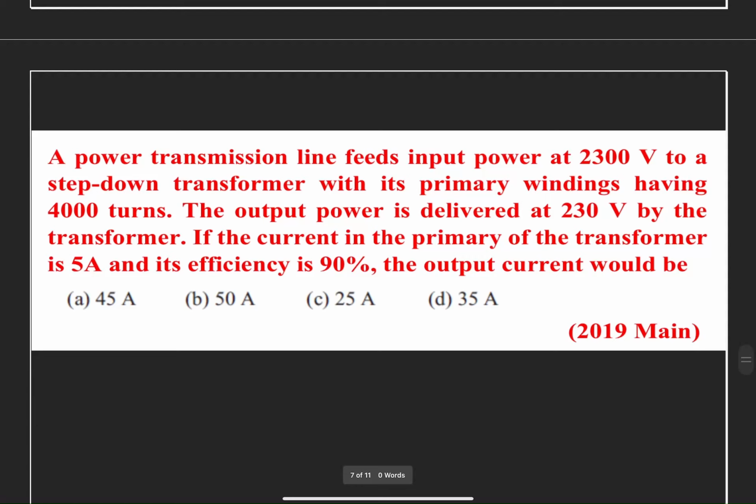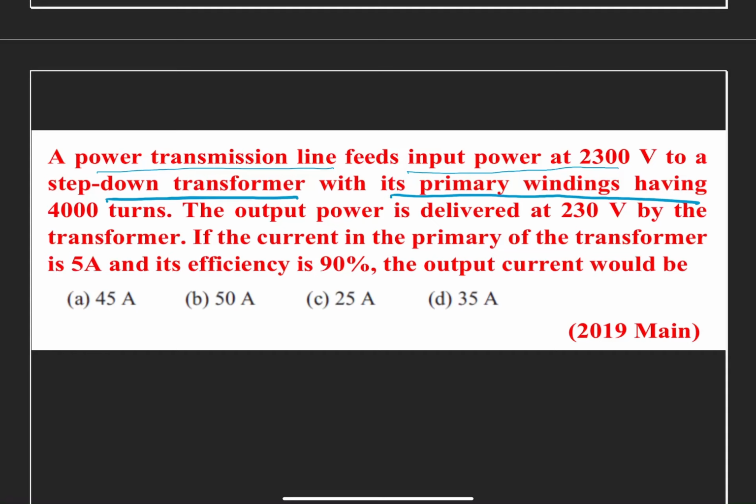And the next question is about the transformer. We are given a power transmission line that feeds an input voltage of 2300 volt to a step down transformer with its primary windings having 4000 turns. The output power is delivered at 230 volt by the transformer.